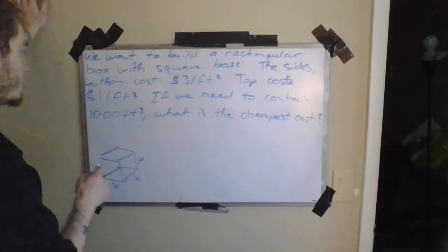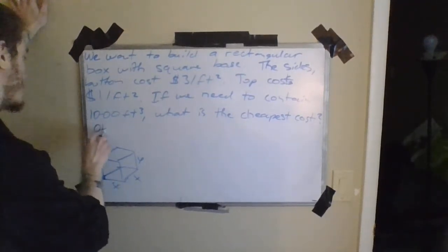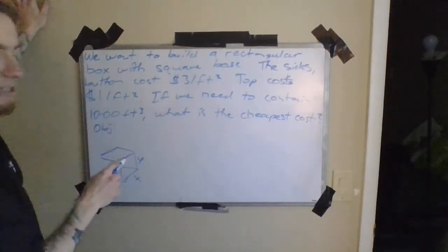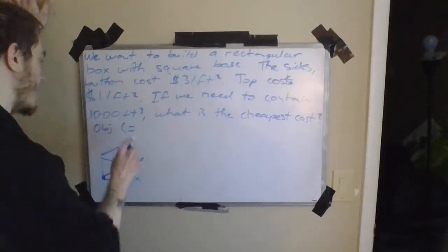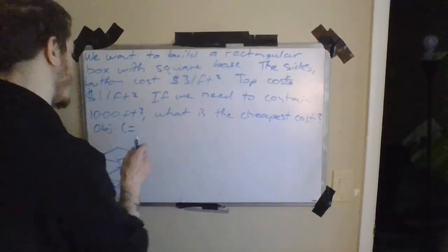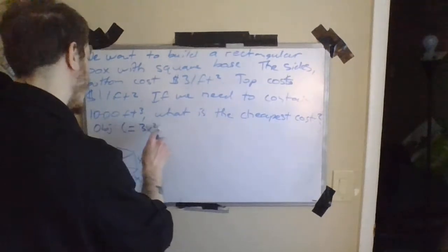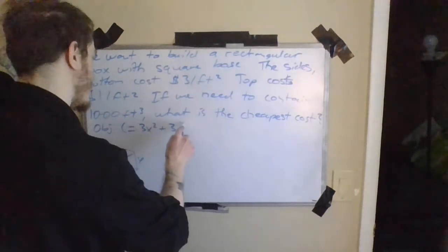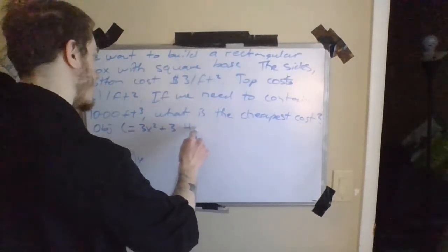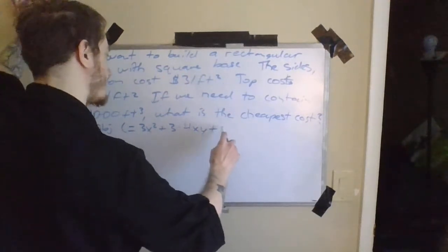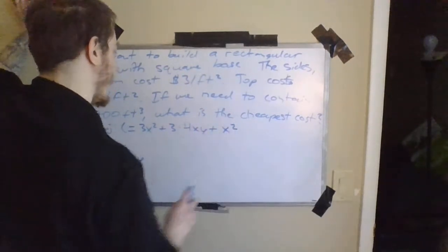The cost of this thing is my objective equation. And the cost is going to be 3x squared plus 3 times 4 times xy plus an additional x squared.